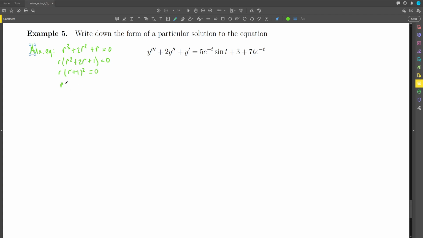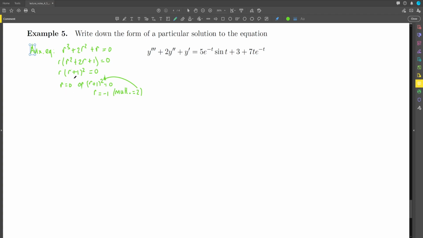So then we have r equals 0, or (r plus 1) squared equals 0. And so that means r equals -1, and that has a multiplicity equal to 2. And that's that 2 in the power there.